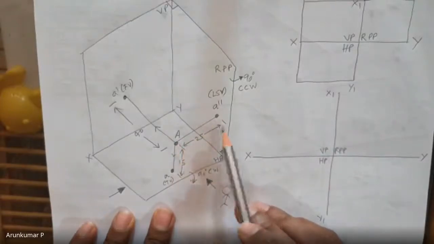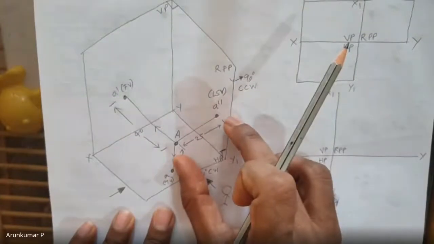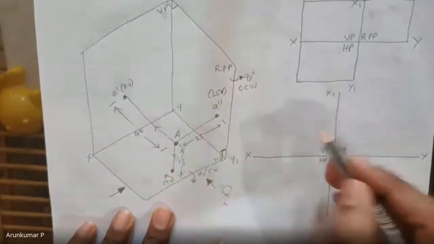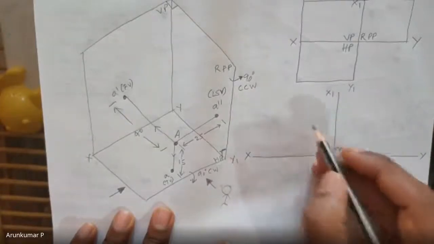So now tell me, this point is at what distance from the side plane? 25 mm. So 25 mm from RPP you have to draw a projection line.